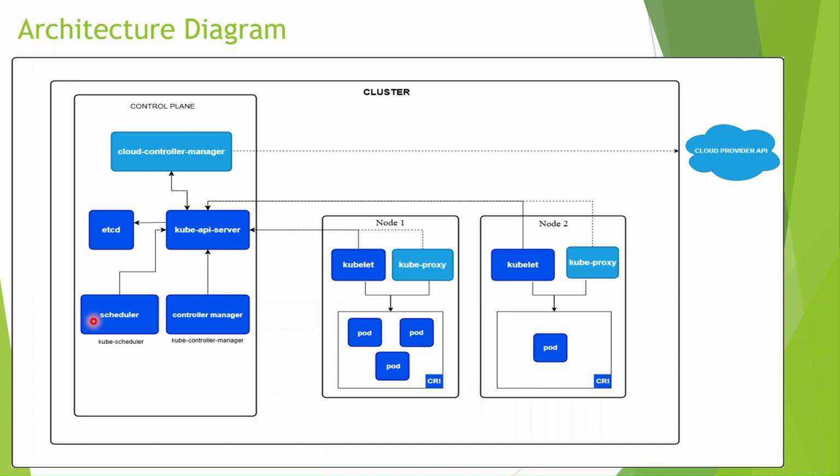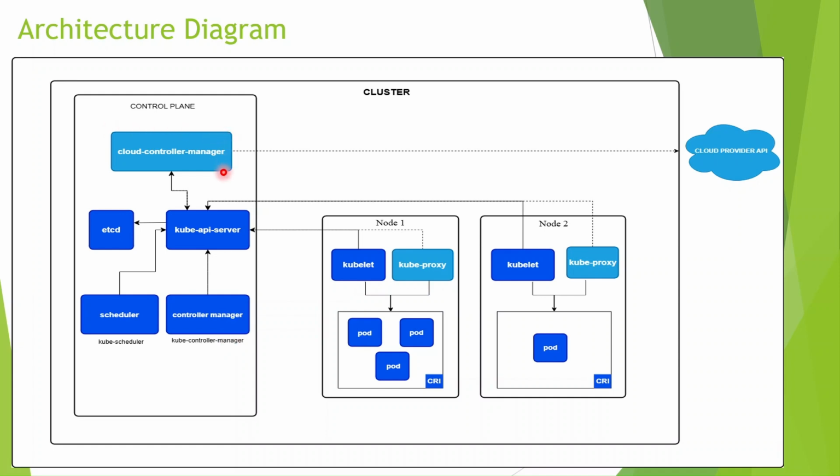Then we have the scheduler. It decides on which node a new pod should run, using factors like CPU and memory availability, node labels, and any taints or affinities on the nodes. Based on that, it schedules your pod on the worker nodes. Then we have the controller manager, which runs multiple controllers like the node controller, replica set controller, and deployment controller.